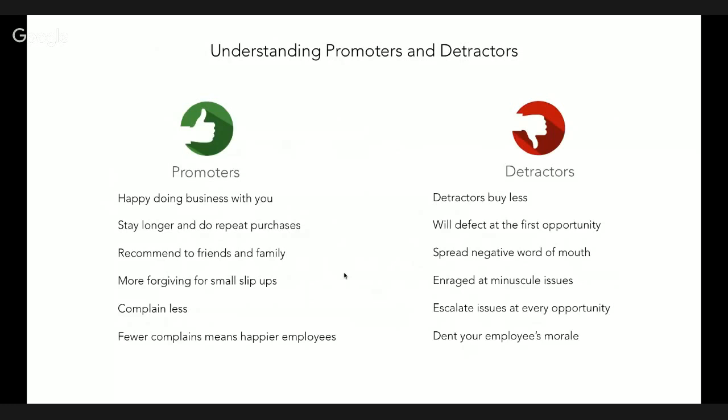What I'm trying to tell you over here is we can make a list of 100 other items that show that promoters are your friends and detractors are your foes. But it is important to consider both these groups and then make decisions as to what you should do with these groups. One of the questions that was asked to us is, how do you deal with promoters and detractors?